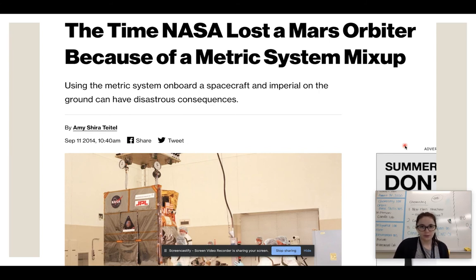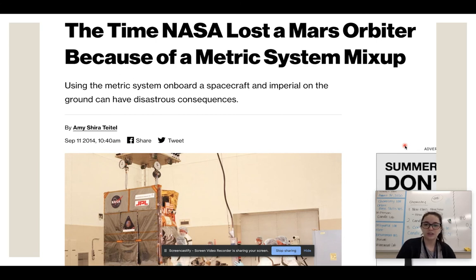So here's an example. There was a time, and this was in 2014, where NASA lost a Mars orbiter because of a metric system mix-up, where they didn't convert a unit correctly, and so they were in trouble, and they lost that orbiter, which orbiters are very expensive, as you know.